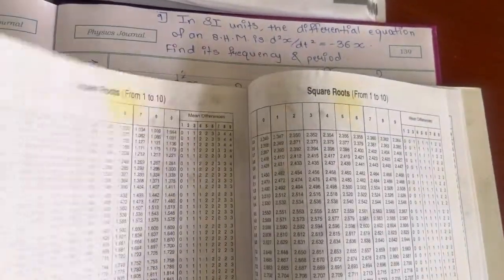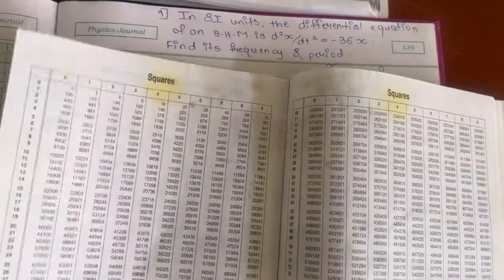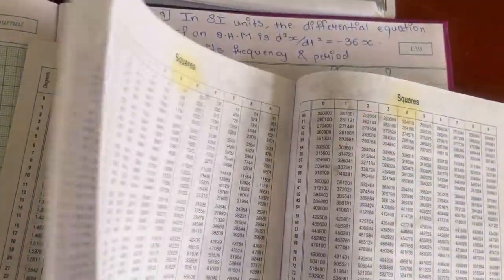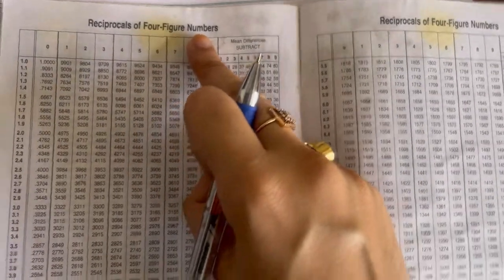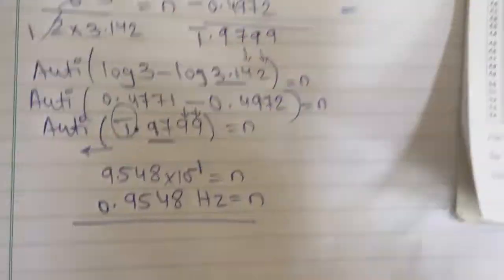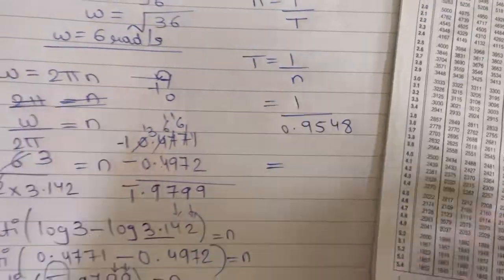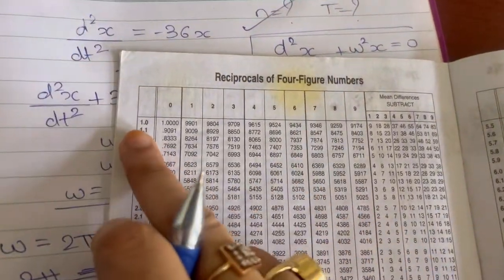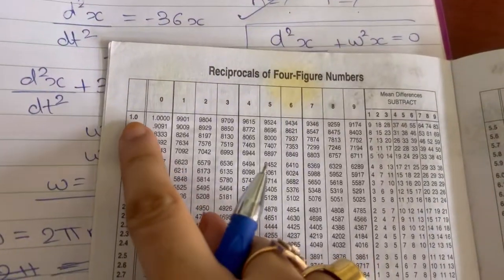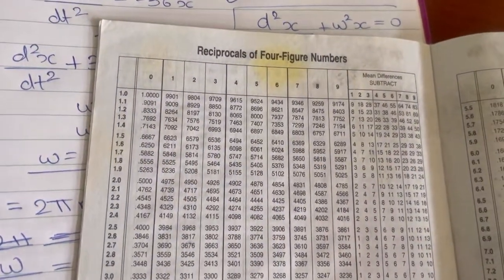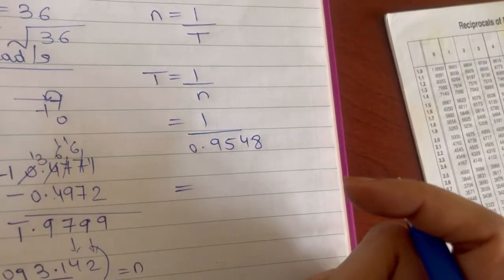Yes, here it is, reciprocals of 4-figure numbers. So here we have the digit 0.9. Let's check whether we have 0.9. No, our reciprocal begins from 1.0. We don't have 0.9.